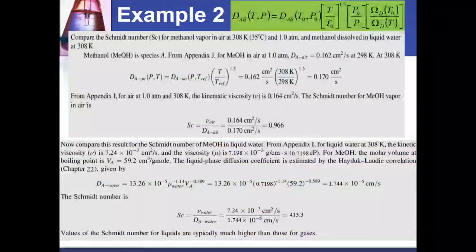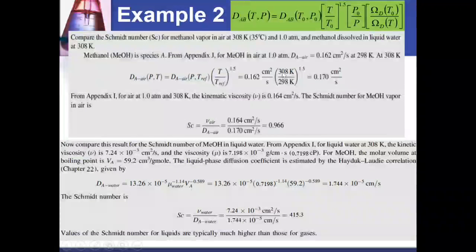According to what we discussed in chapter 22, this is the extrapolation equation. DAB at the original temperature and pressure, you multiply by the ratio of T over T reference, to the power 3/2, times the P reference over P. The pressure remains the same, so it's still 1 atmosphere, and this ratio is 1. The ratio of omega D will be almost 1, because the temperature difference is not huge, as mentioned in chapter 22.